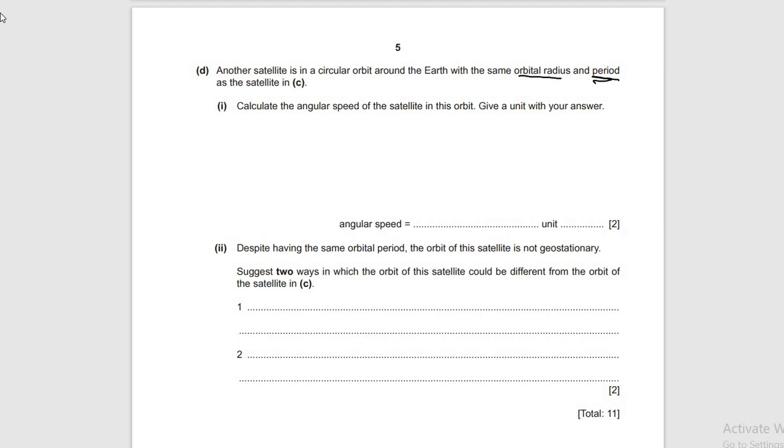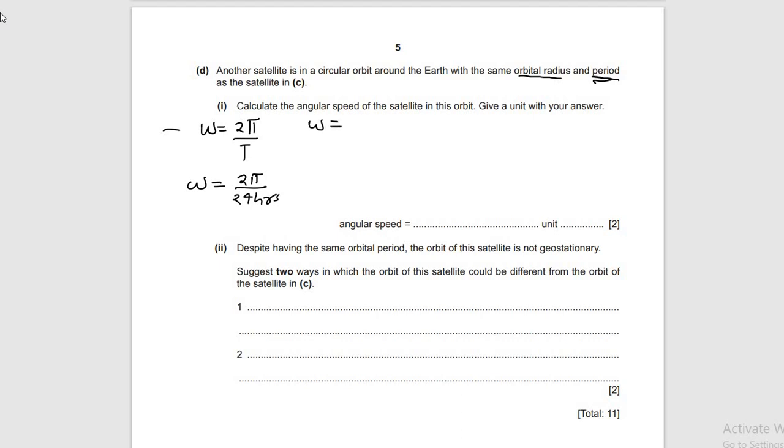Calculate the angular speed. What's the formula for angular speed? The angular speed is 2 pi over period. Since it is the same period, that's 2 pi over 24 hours.